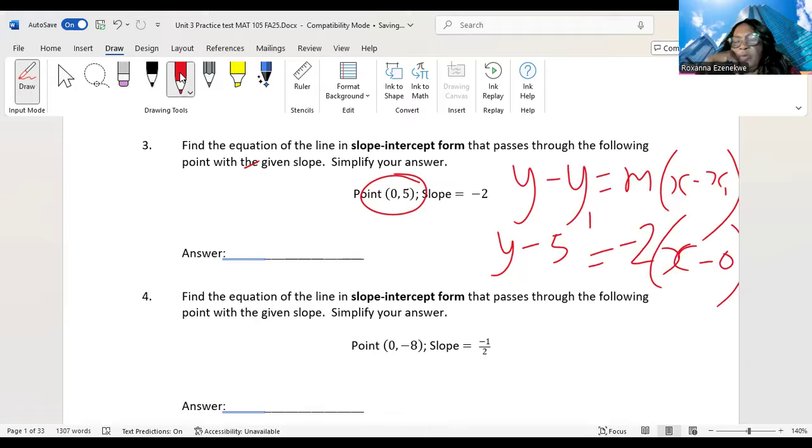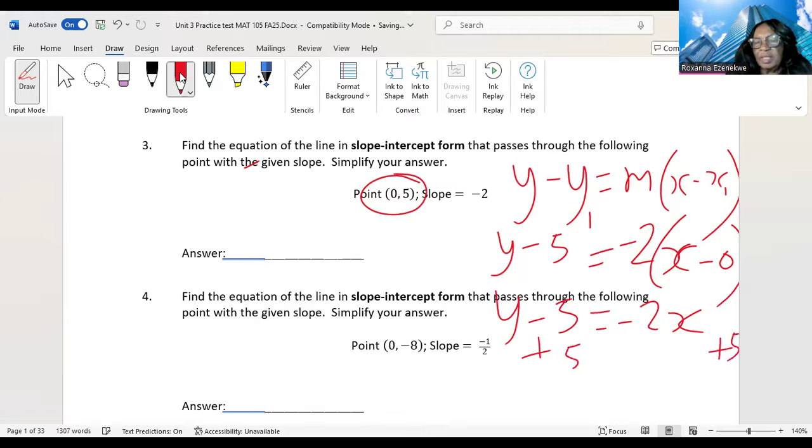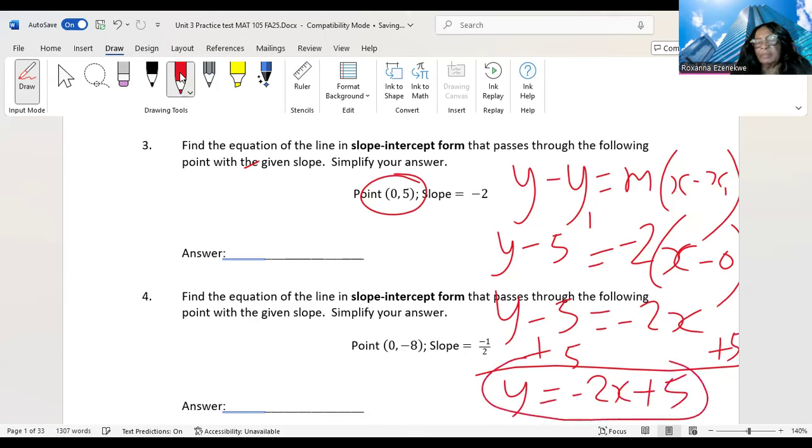Now when I open the parenthesis, I have y minus 5 on the left-hand side equal to negative 2x on the right-hand side. Add 5 on both sides, and we have y is equal to negative 2x plus 5. So this is the equation in slope-intercept form that they want me to find.